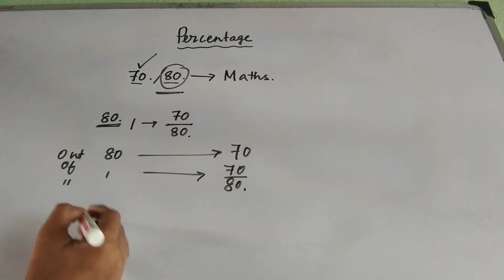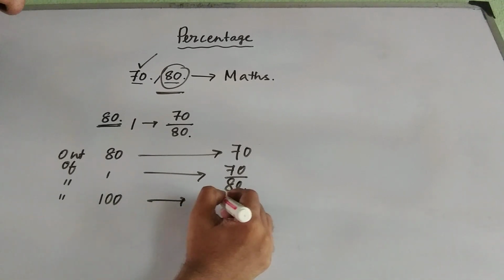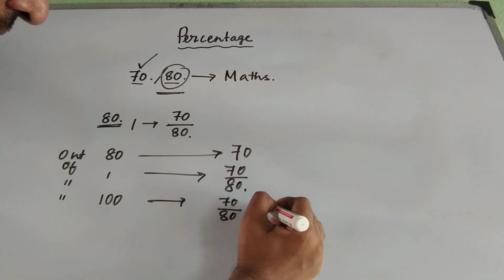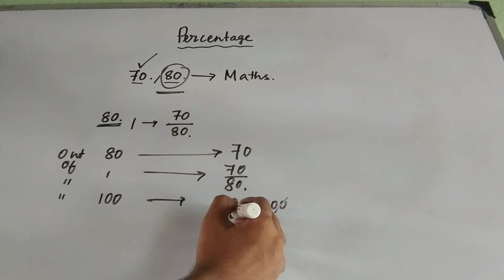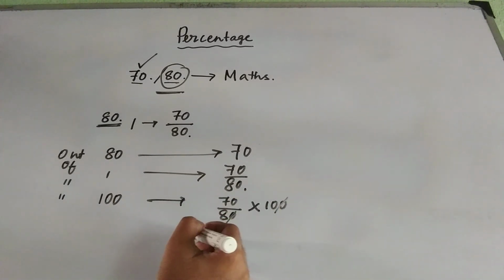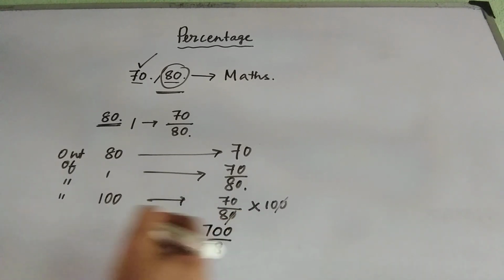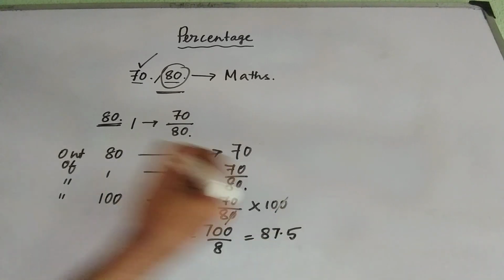So out of 100 what he has got? By the unitary method we know it is 70 by 80 into 100. That will be the percentage he has got in this exam. If we simplify, it will be 700 by 8, that means 87.5.